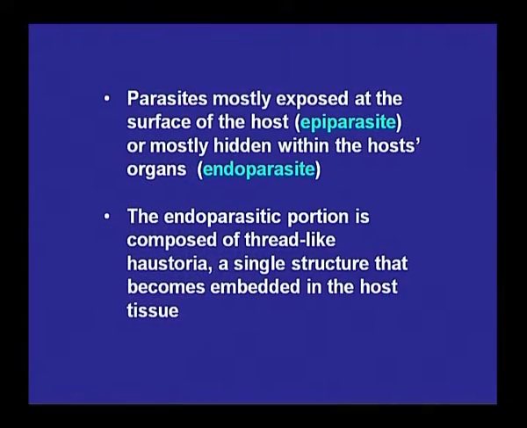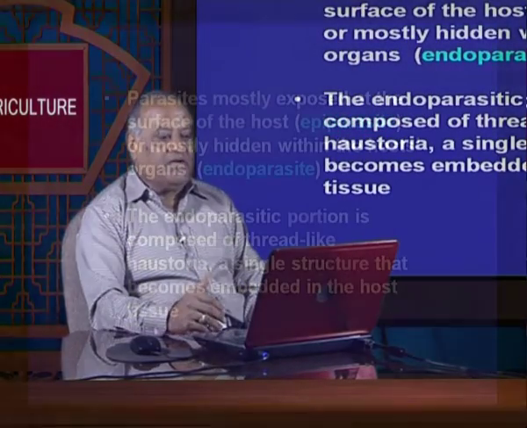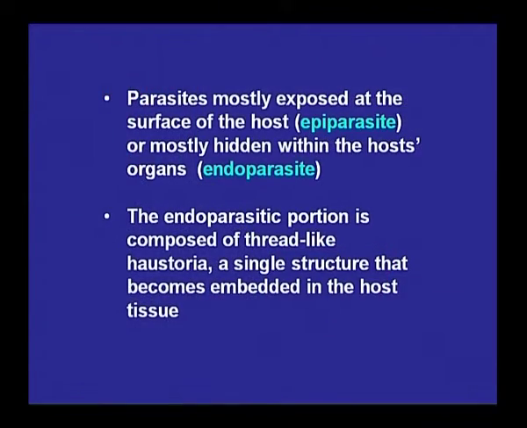Parasites mostly exposed at the surface of the hosts are known as epiparasites, and when most of their part is hidden inside the host organs, they are called endoparasites. The endoparasitic portion is composed of thread like haustoria, a single structure that becomes embedded in the host tissue.